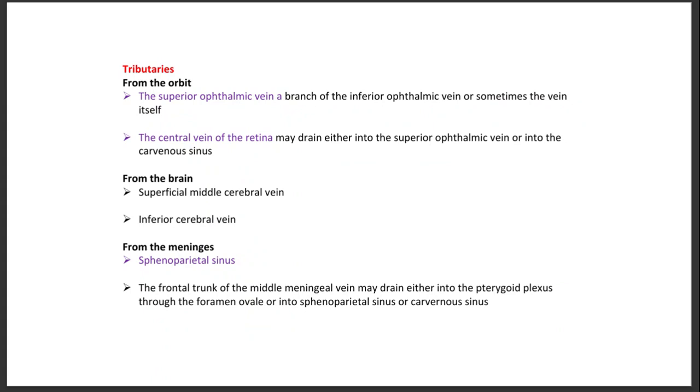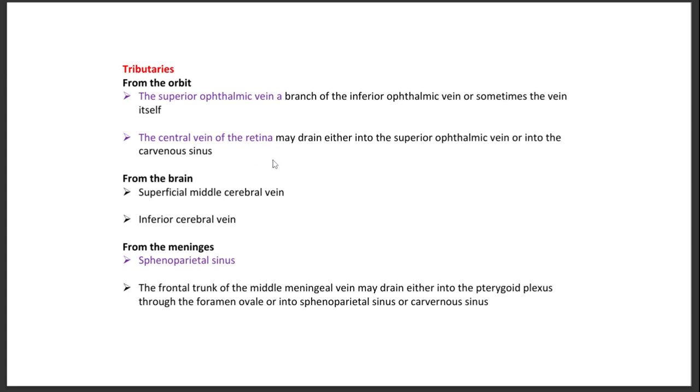So where does it get the blood? We've said from the orbit via the superior ophthalmic vein, okay, which is a branch of the inferior ophthalmic vein, or sometimes the vein itself, the ophthalmic vein itself.